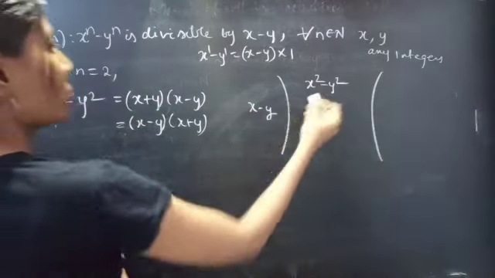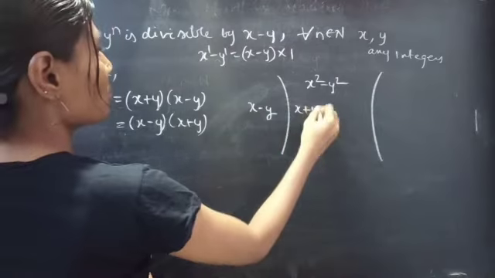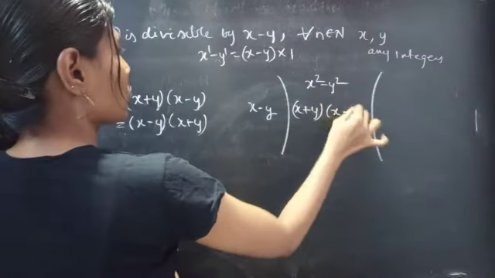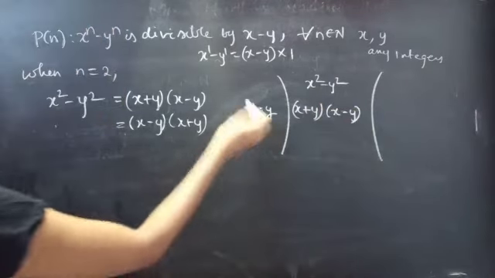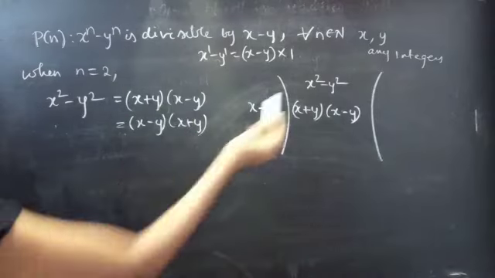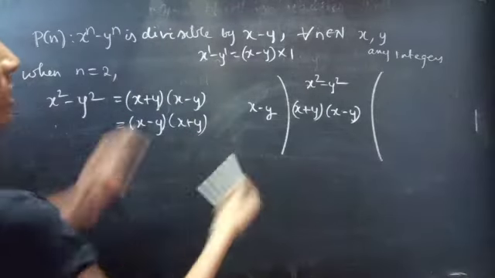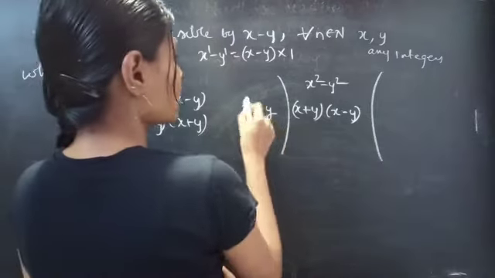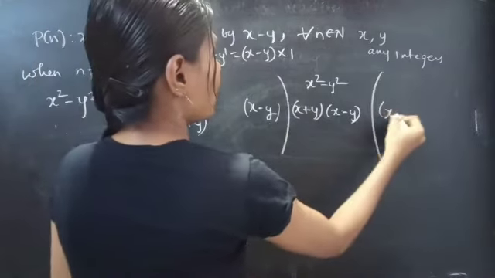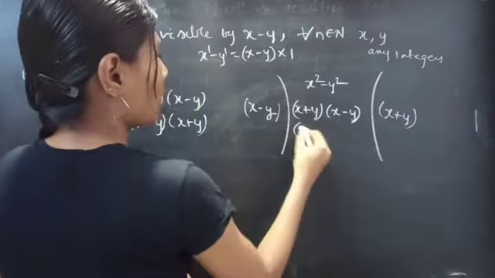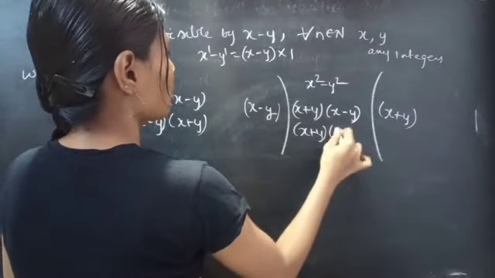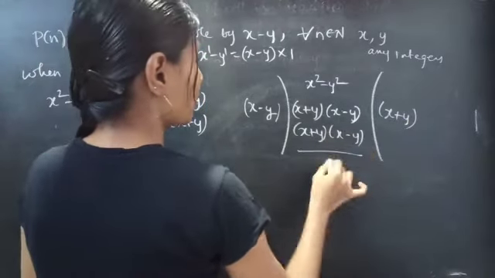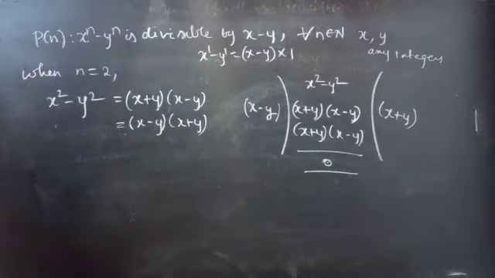We can write x square minus y square as x plus y into x minus y, and divisor is x minus y, since we have to show that x square minus y square is divisible by x minus y. Here x minus y is a divisor, and x minus y into x plus y gives x plus y into x minus y, or x minus y into x plus y, right?